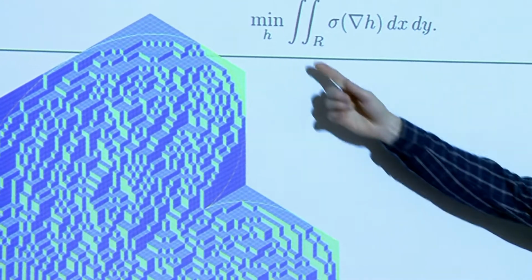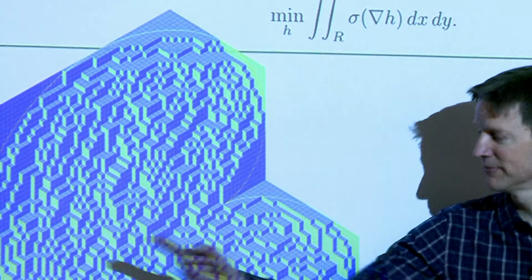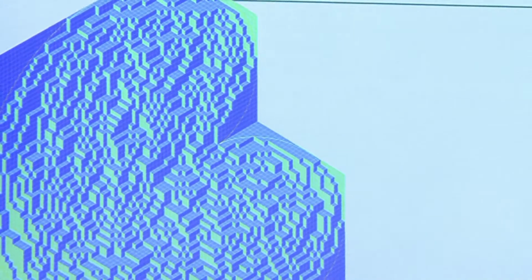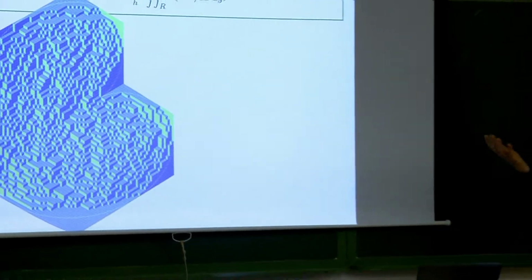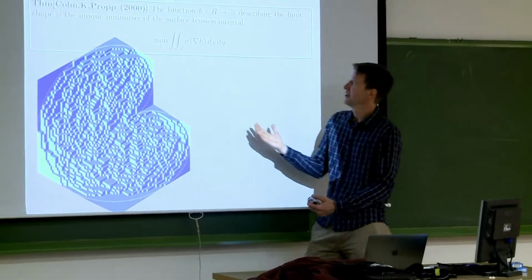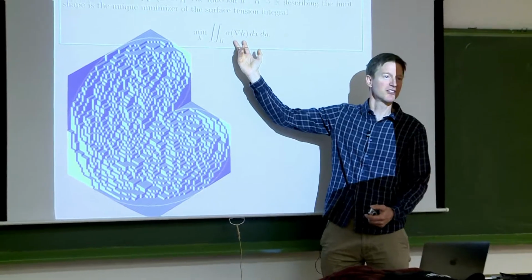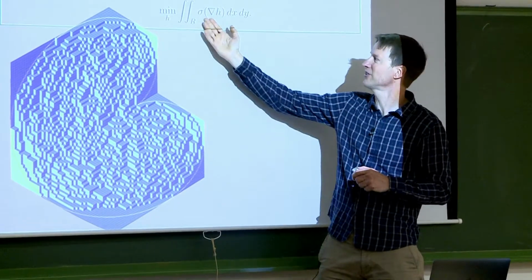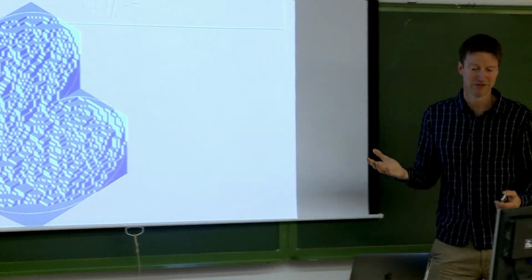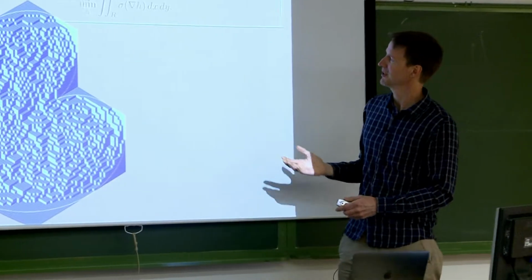And then you minimize it over all possible h with the correct boundary conditions. It's just like the soap film problem, except for a soap film, I would be using the surface tension which is the area of the graph of the surface. Here it's a different function. It's not just the area of the graph. It's a completely different function.